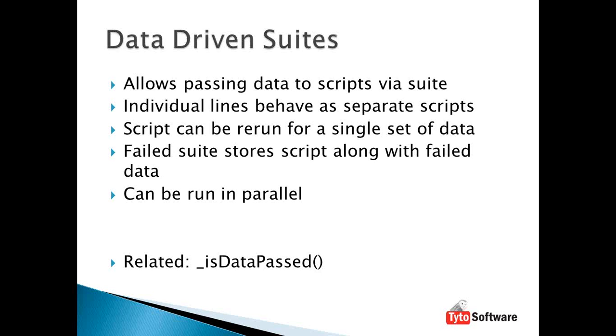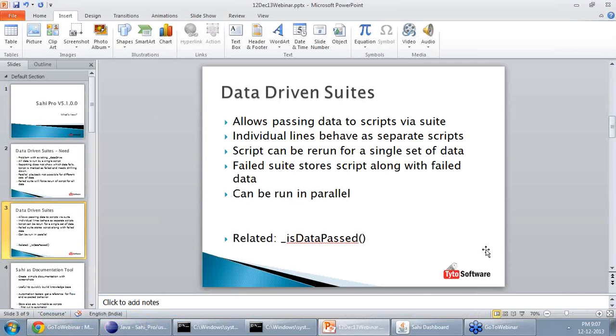So when the suite runs, it runs as if there are multiple scripts, and if there is a failure, it will be only for that particular set of data, and these can actually run in parallel too. So what I'm going to do now is switch to a small demo of this data-driven suites.